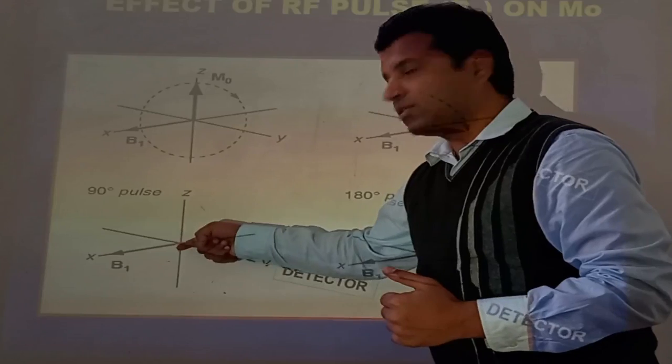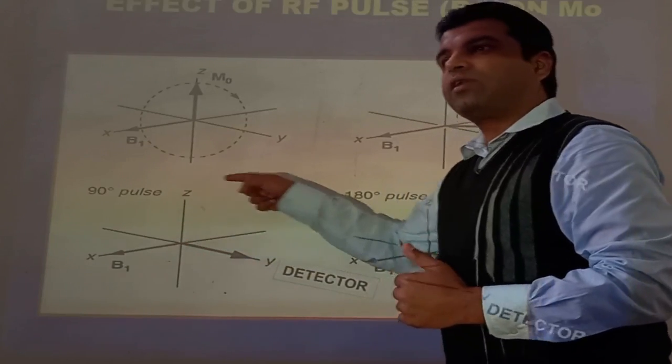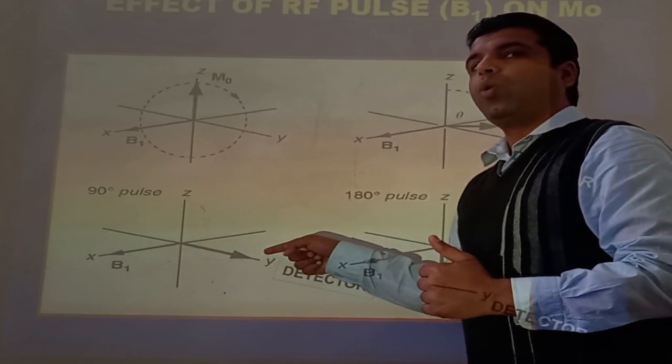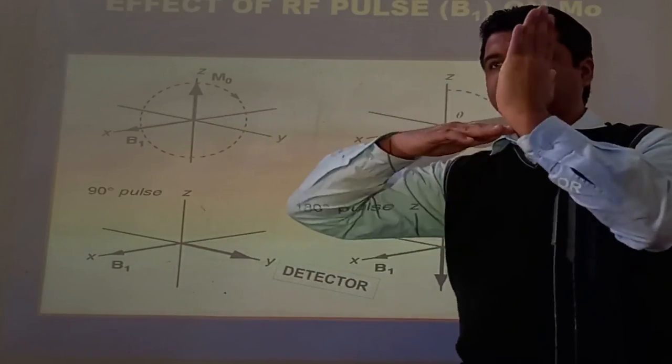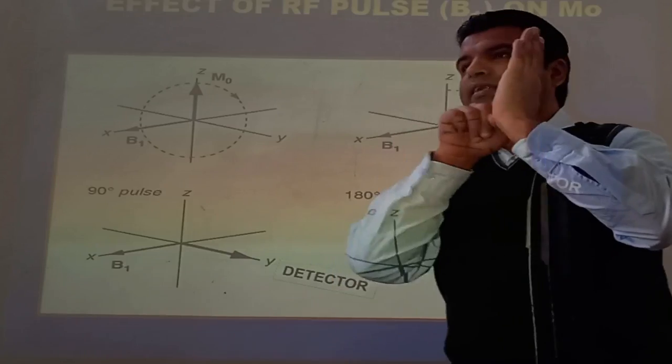So from the z-axis it will come down exactly onto the y-axis, because the angle between z and y is 90 degrees.